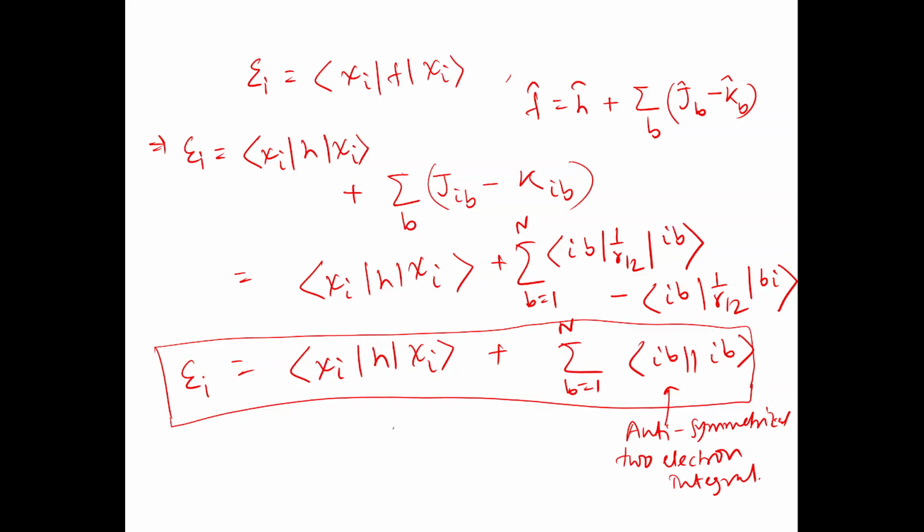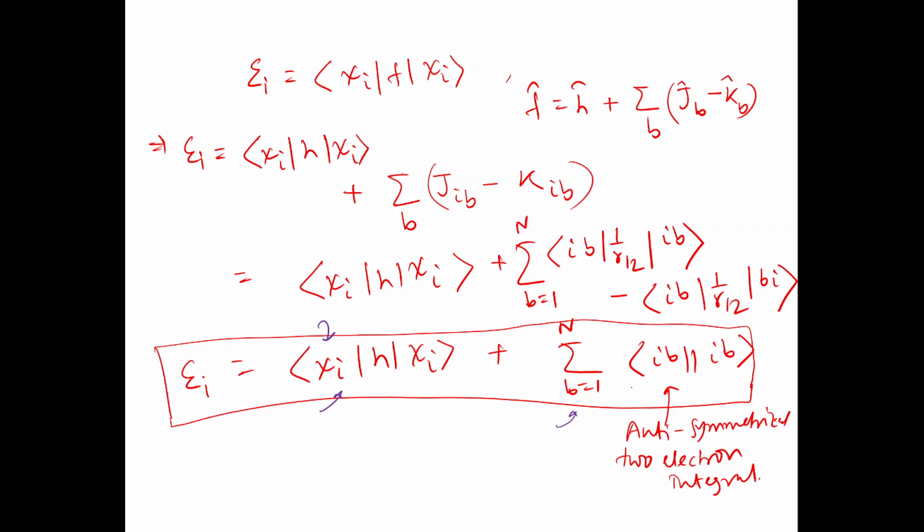Now if you look at this, it actually says that if your electron is in the chi I orbital, then this one electronic part, or core electronic part, is the kinetic energy plus the interaction or attraction energy with the nucleus.